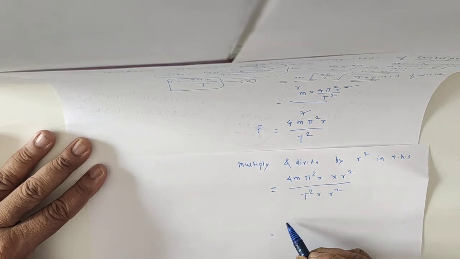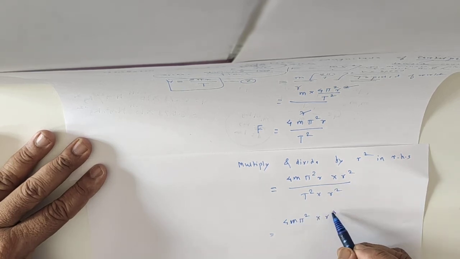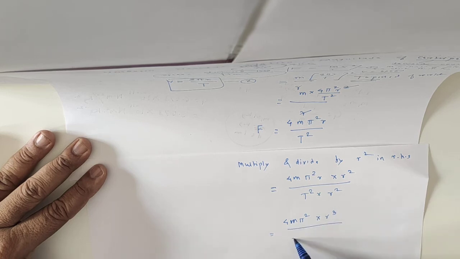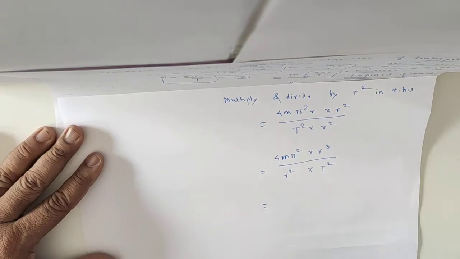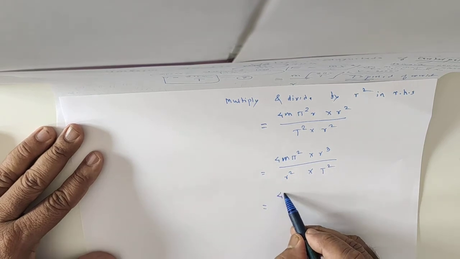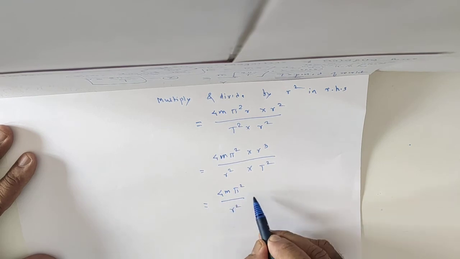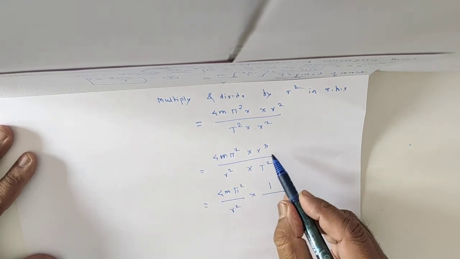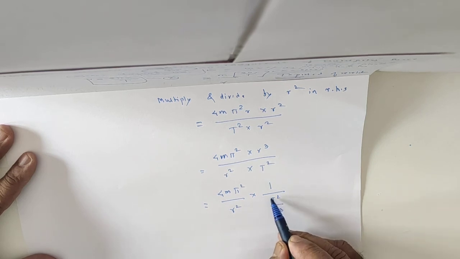Now 4 m pi square r into r square, that is r cube, and r square as it is into T square. We can write r cube in the denominator like this: 4 m pi square upon r square into 1 upon (T square upon r cube).